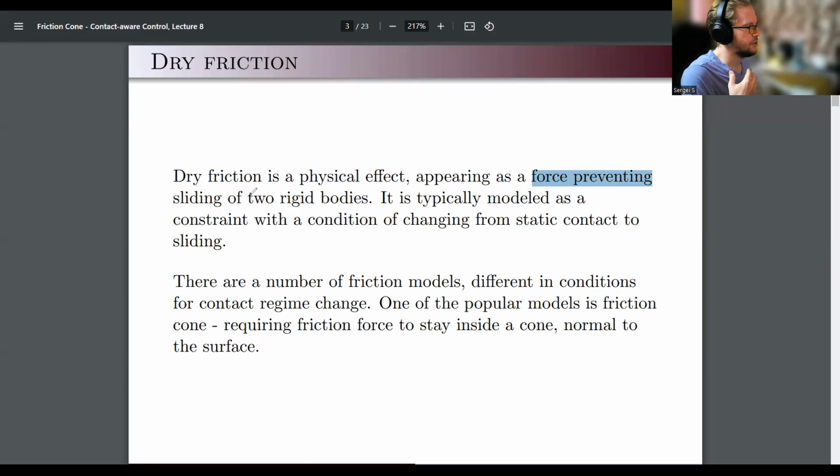So in a sense, a lot of what we think and say about it is closely tied to how the actual physical effect works in reality, okay?